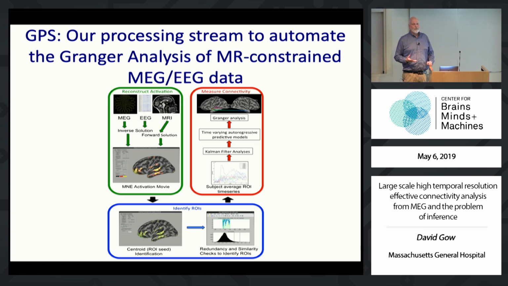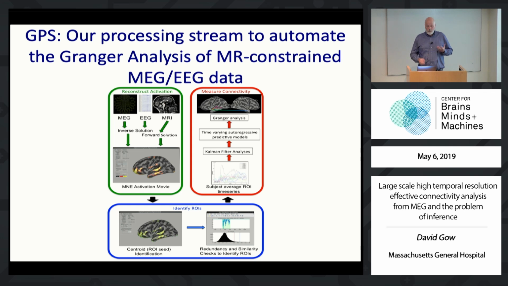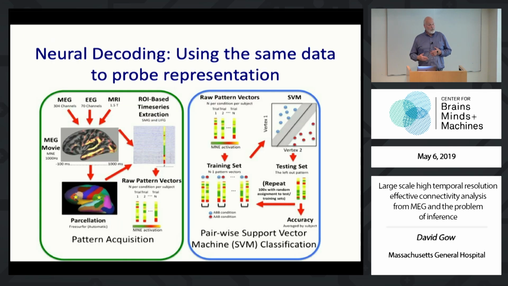So we're building off-ramps so that we can take time series from bottom-up defined ROIs and do neural decoding. So far we've been doing mostly SVM techniques to allow us to interrogate what's going on. So for instance, if we're looking at lexical effects on speech perception, one of the questions is, well, what is a lexical representation? We've got these chunks of brain which, for a variety of reasons, we think that they probably are sensitive to lexical information.